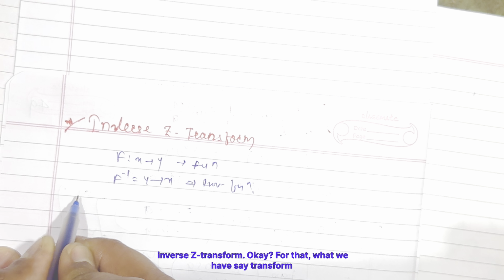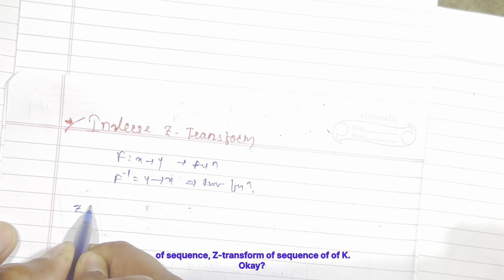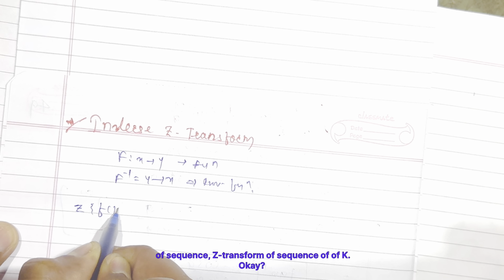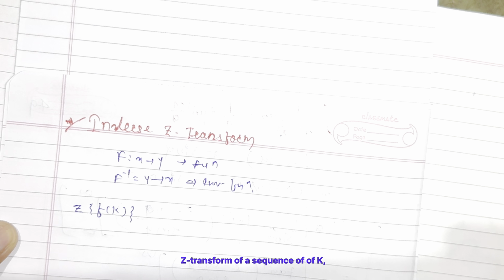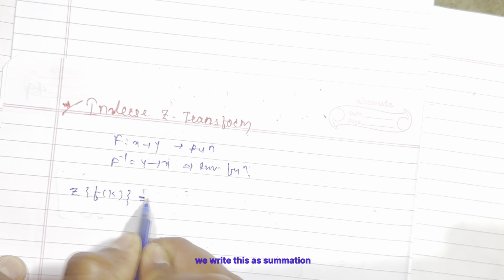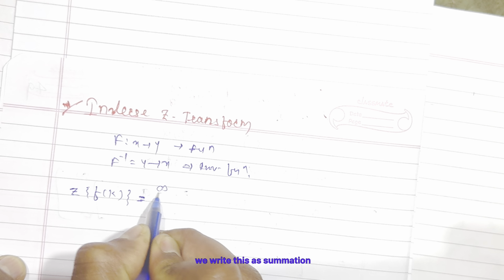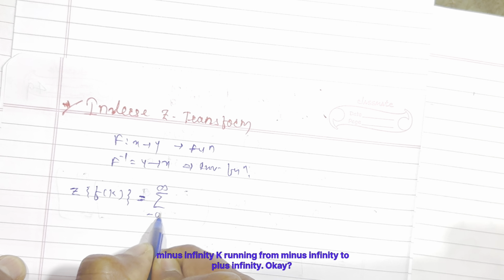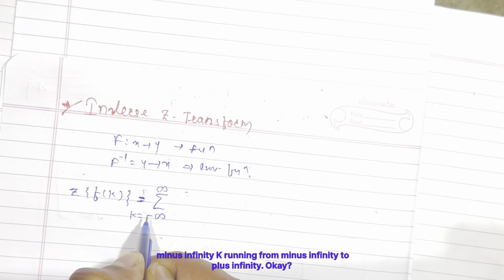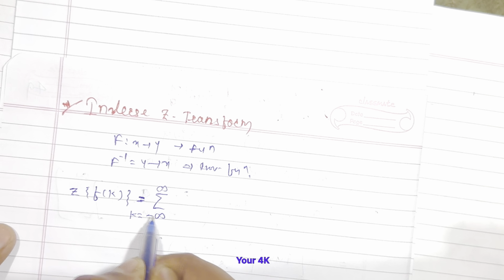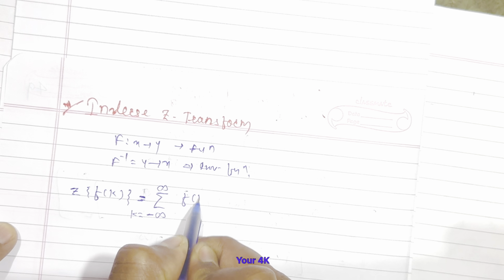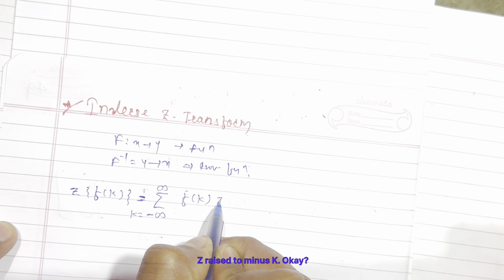For that, we have the Z transform of a sequence f of k. The Z transform of a sequence f of k, we write as the summation, k running from minus infinity to plus infinity, of f of k z raised to minus k.